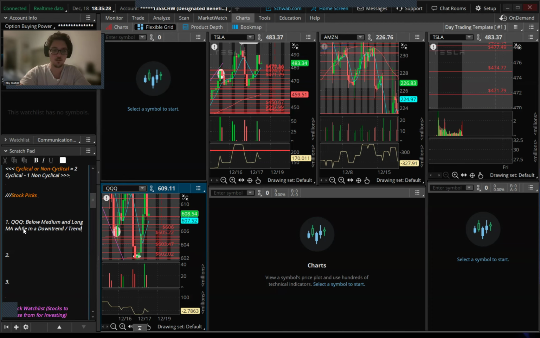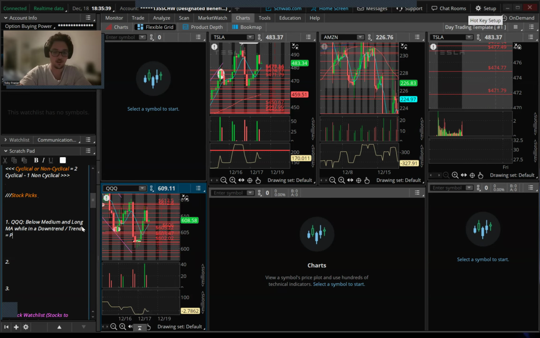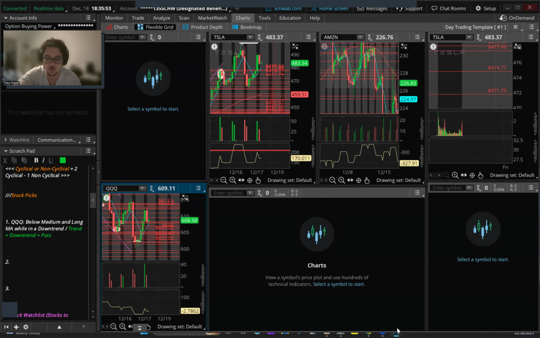And so it may continue in its downtrend like it's been doing. We have not formed a swing high yet, but the price action always determines the trend. So our trend is a downtrend, which equals puts.